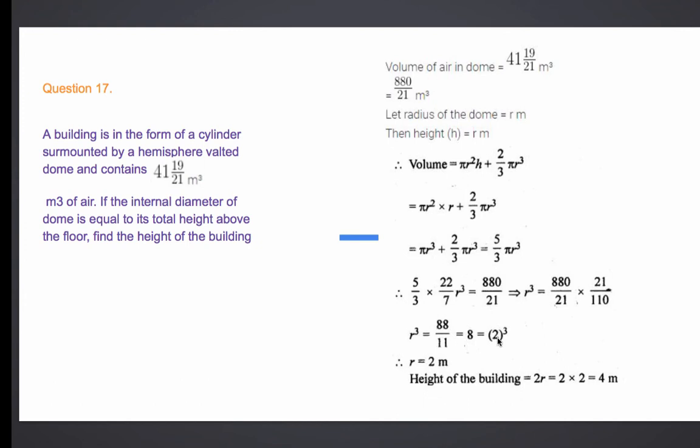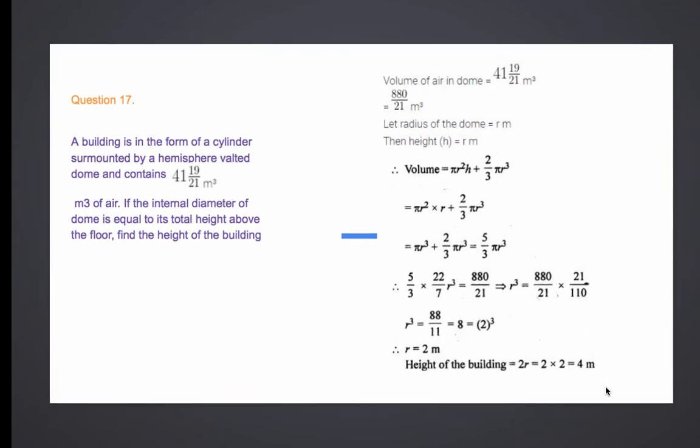That means to find the radius, I'll have to take the cube root. So what do I get as the radius, students? Cube root of 8, which is 2 meter. So now the radius is 2 meter. The height of the building is going to be double that, because that will be the diameter itself. So 2r, which is 4 meter.